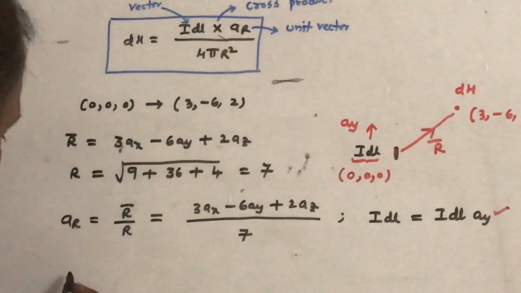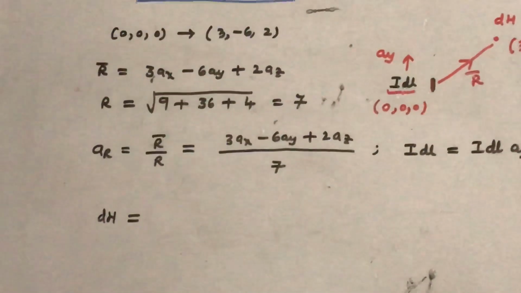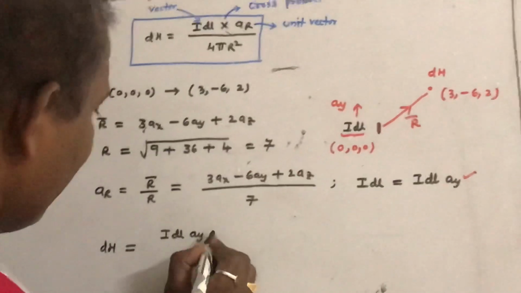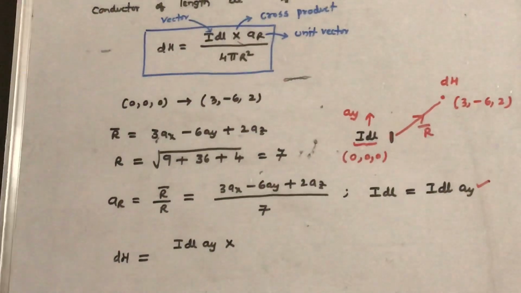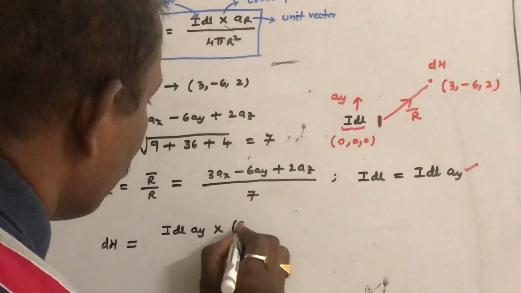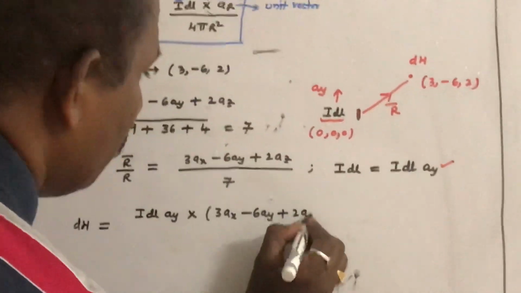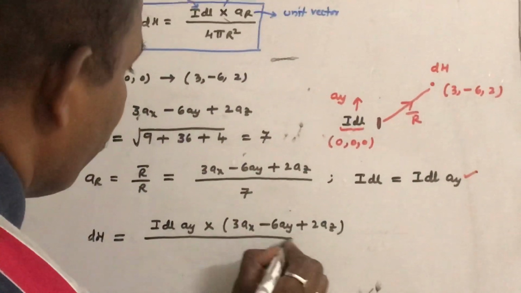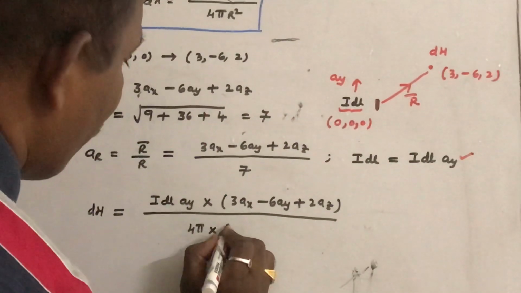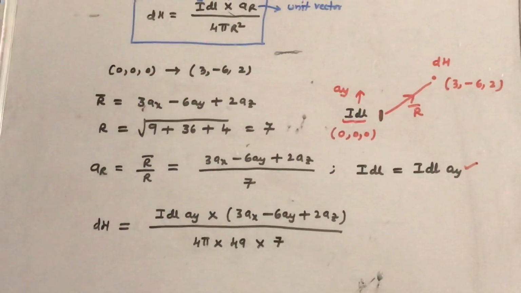So dH, the differential magnetic field intensity, is I dl a_y, because the current is flowing in the positive y direction, cross the unit vector R bar by R, that is (3a_x minus 6a_y plus 2a_z) by 7, divided by 4 pi R squared, 7 squared, 49.